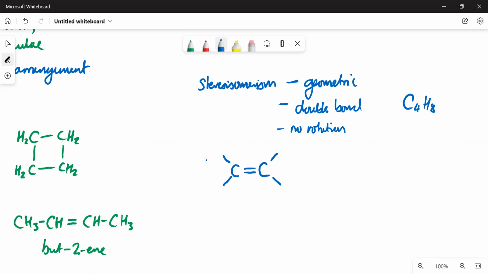Now in butene, you can have the hydrogens on the same side as each other, the methyl groups on the same side, and you would call that together, so that's the Z isomer.